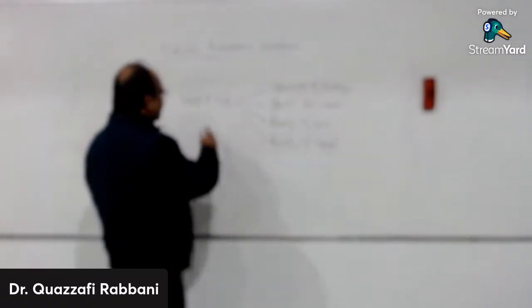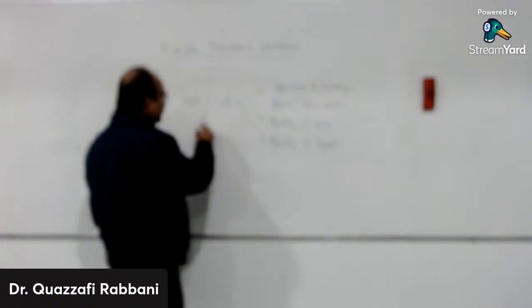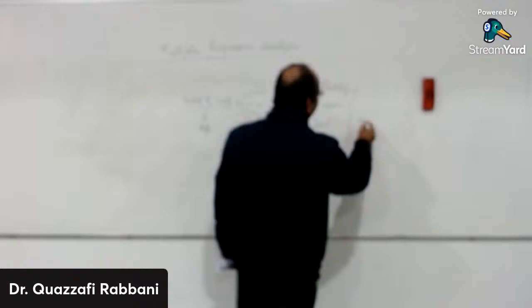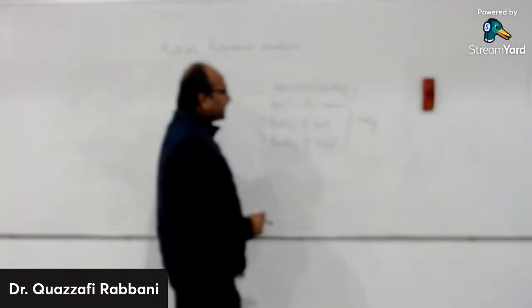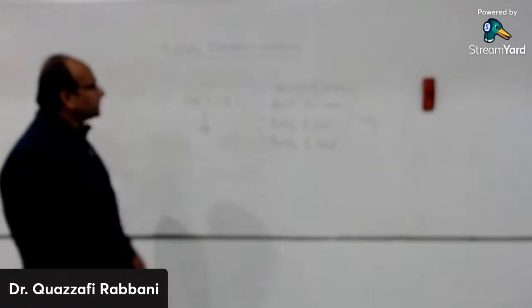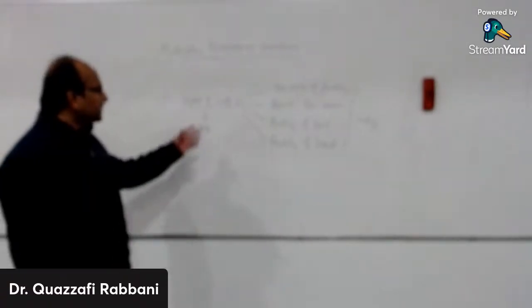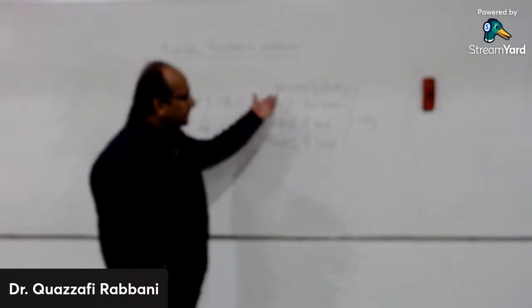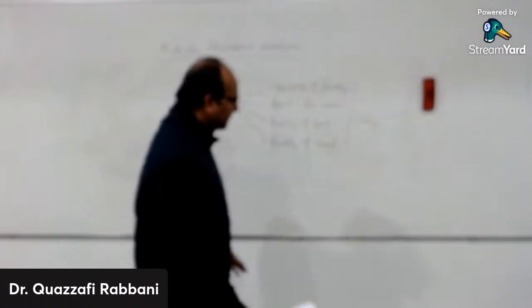So this is the only one dependent variable, and these are the independent variables. So in that case, we use multiple regression and multiple correlation, in which the dependent variable is one and independent variables are more than one, maybe two, three, four.